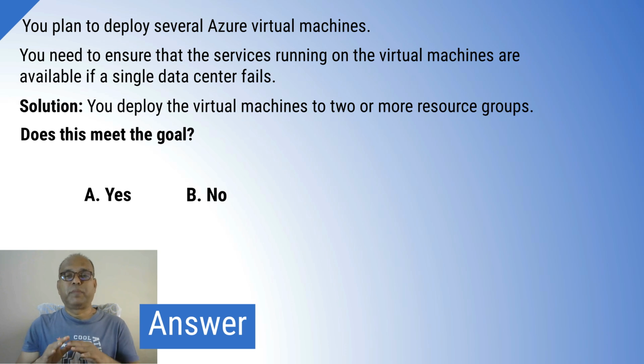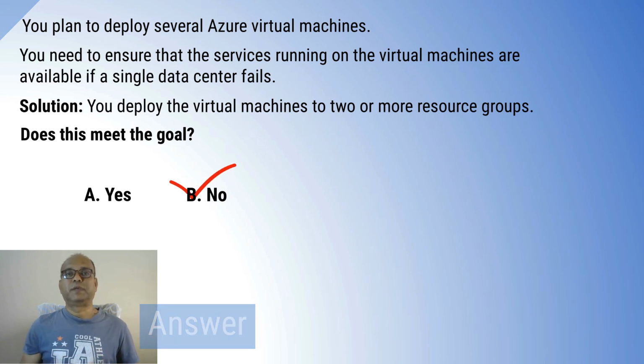Therefore, creating multiple resource groups, even if they are in separate data centers, does not ensure that the services running on the virtual machines are available if a single data center fails. The correct option is B.